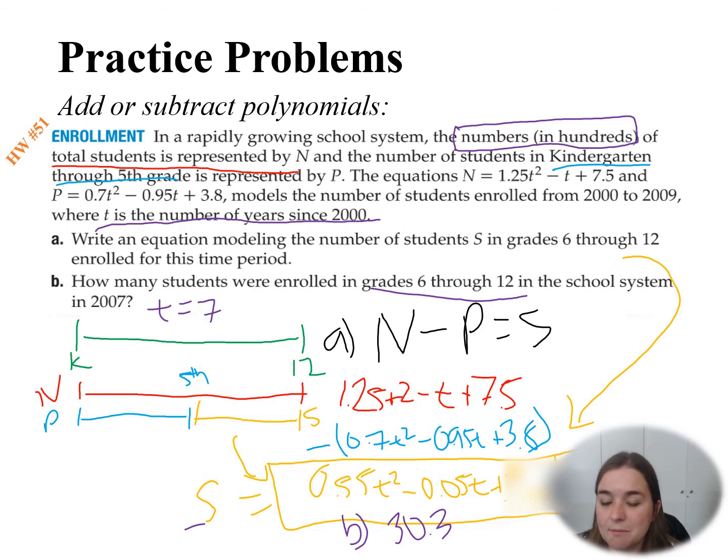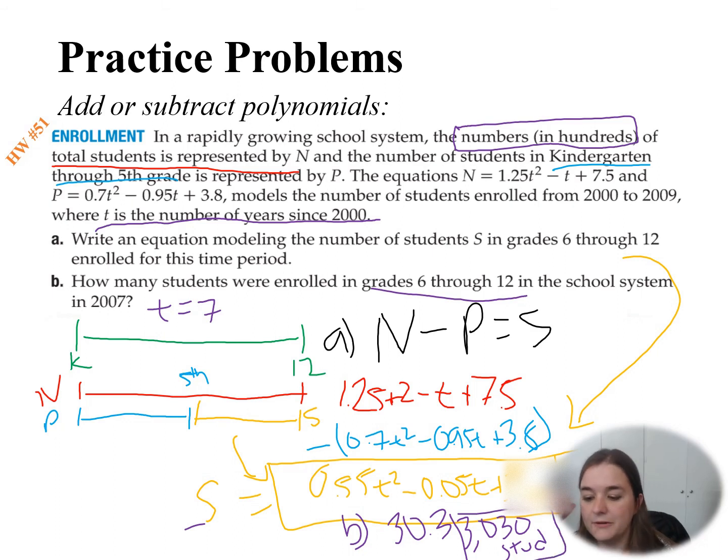What I do then is multiply that by 100, and I find out that that's equivalent to 3,030 students. My face kind of got in the way there. So my final answer for B would be 3,030 students. It would be correct to do 30.300 students, but again, it makes more sense to turn it into one final answer here.